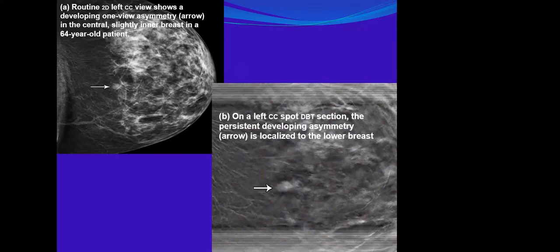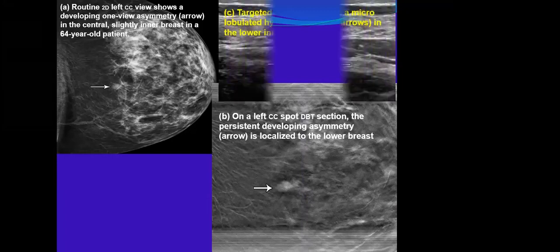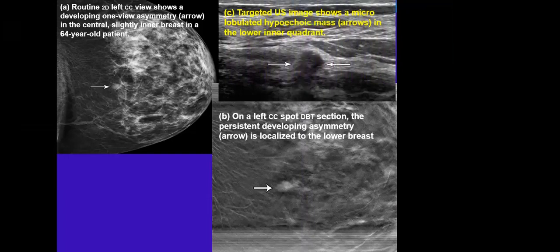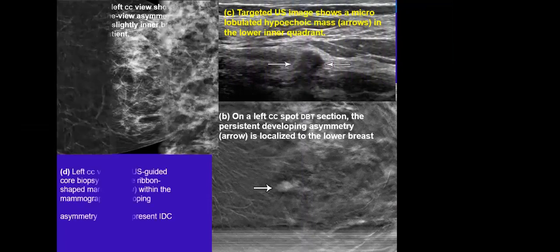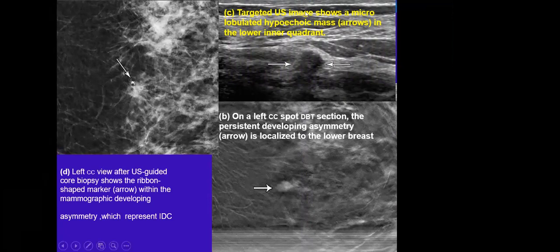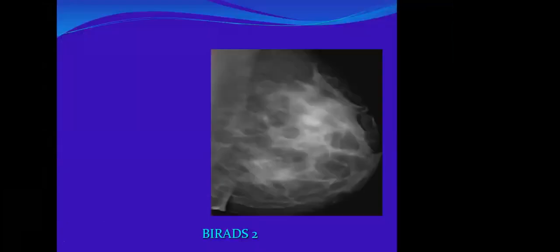The tomosynthesis localized the lesion, which means it is real, demonstrated as a mass. And this is a targeted ultrasound revealing a suspicious mass. And this is the post biopsy clip, ribbon shape markers, revealing that it is within the lesion itself, representing invasive ductal carcinoma. What is BI-RADS in this case?